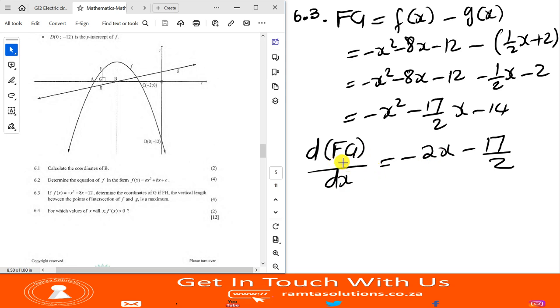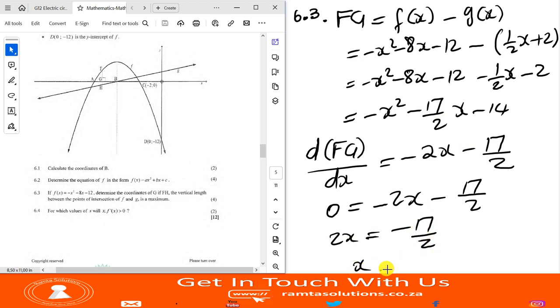Because you have found the derivative, you need to equate it to 0, so minus 2x minus 17 over 2 equals 0. So 2x equals negative 17 over 2. This means x is equal to negative 17 over 4.